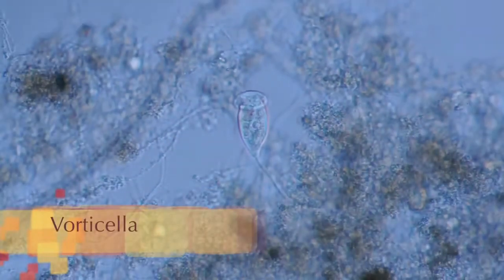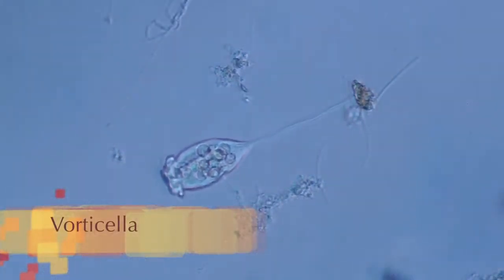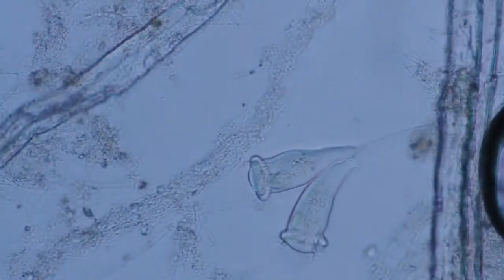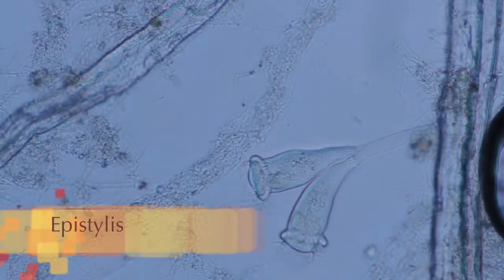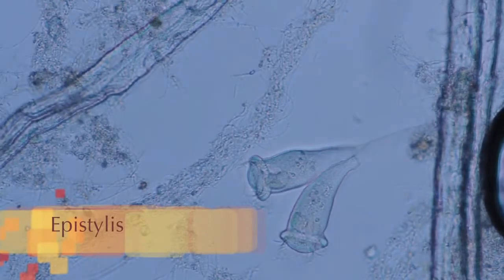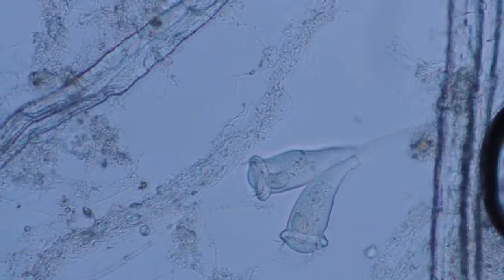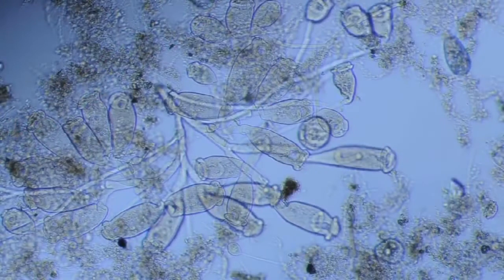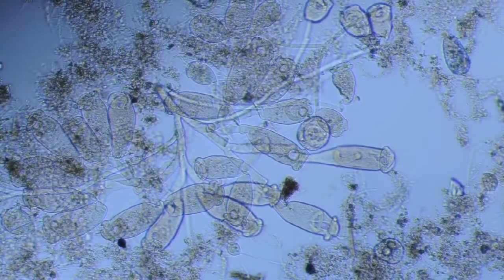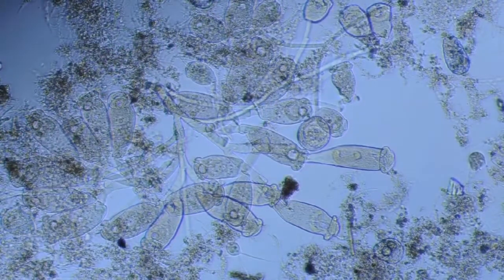These guys attach onto a flock of bacteria and have a retractable tail. They can be pretty quick. Then there's Epistylus. Similar to Vorticella, Epistylus also uses his tail to latch onto bacterial flock formations. However, this guy's a little bit more passive and does not have the retractable feature, so he doesn't move around as much.